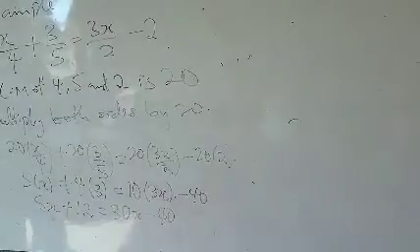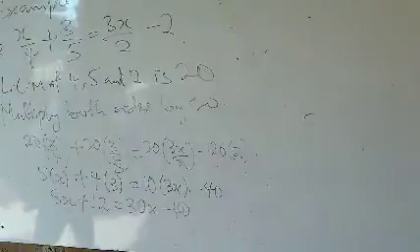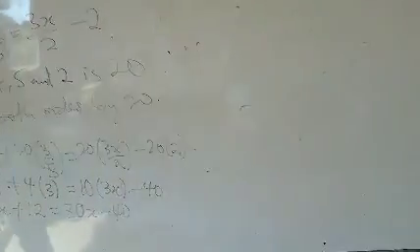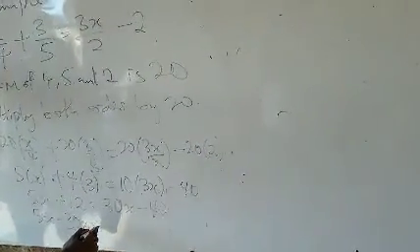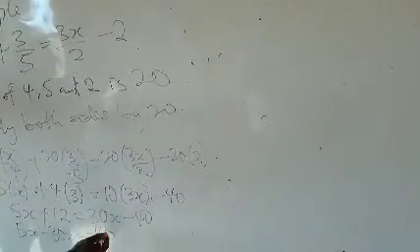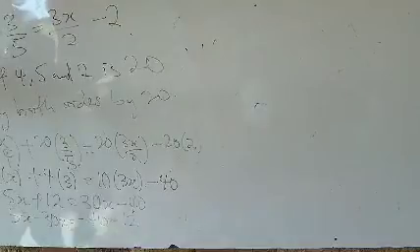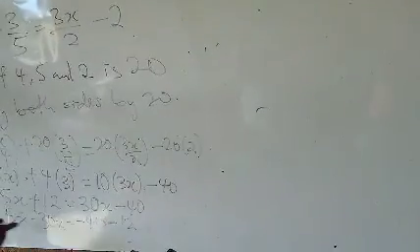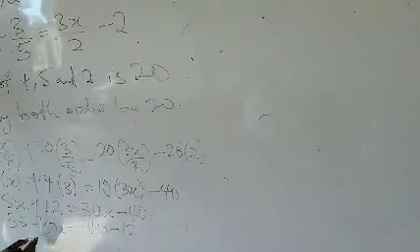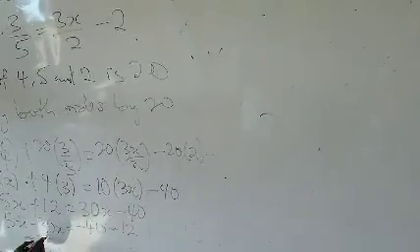Now let's take all x to one side. When you do that, we have 5x minus 30x is equal to minus 40 minus 12. 5x minus 30x is equal to minus 25x.